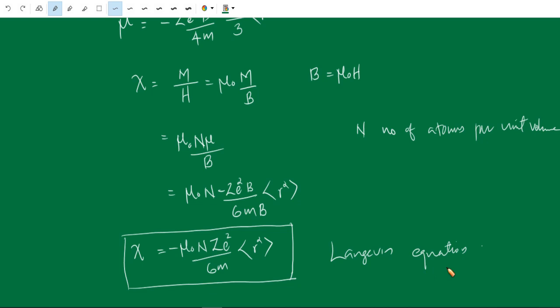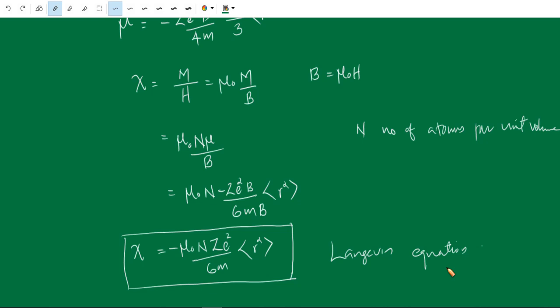When a magnetic field is applied on an atom, the plane of motion of the electron around the nucleus precesses about the magnetic field with a frequency called the Larmor frequency. The magnetic moment due to this revolution of the electron around the nucleus is given by mu equal to I into A, where I is the current and A is the area of the loop. If we know the current and area of the loop, we get the magnetic moment.